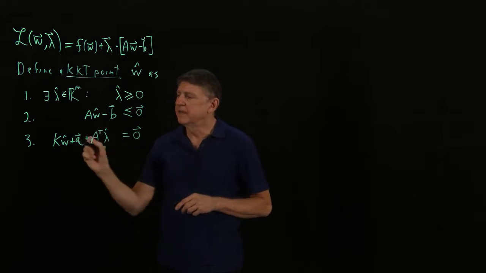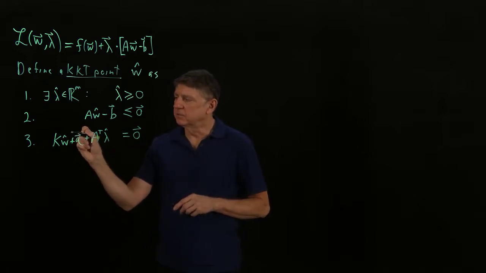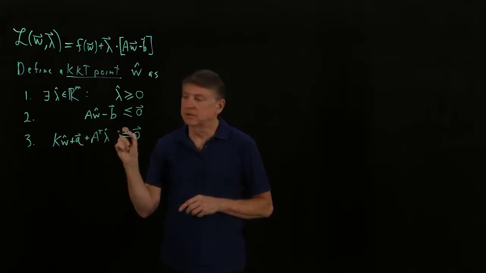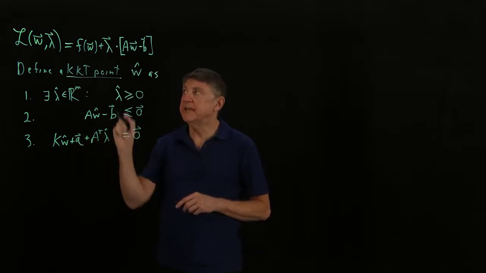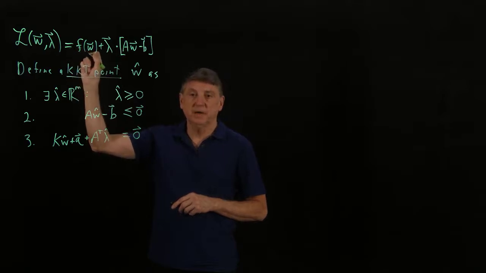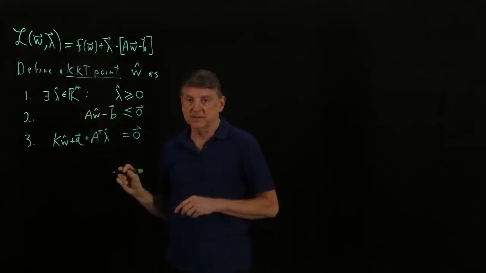So this is saying that the KKT point and its associated Lagrange multipliers must together be a stationary point of the Lagrange function.